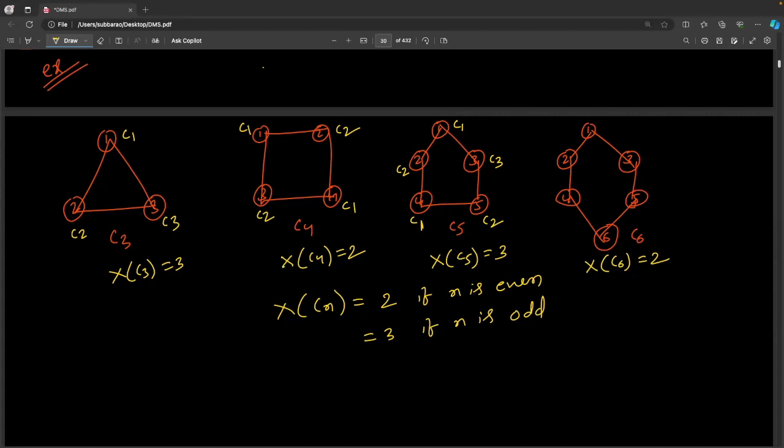I will reply. I will reply, Atul. So whatever happened till now, are you comfortable? Please let me know. Make it fast. Odd length cycle 3, even length cycle 2.